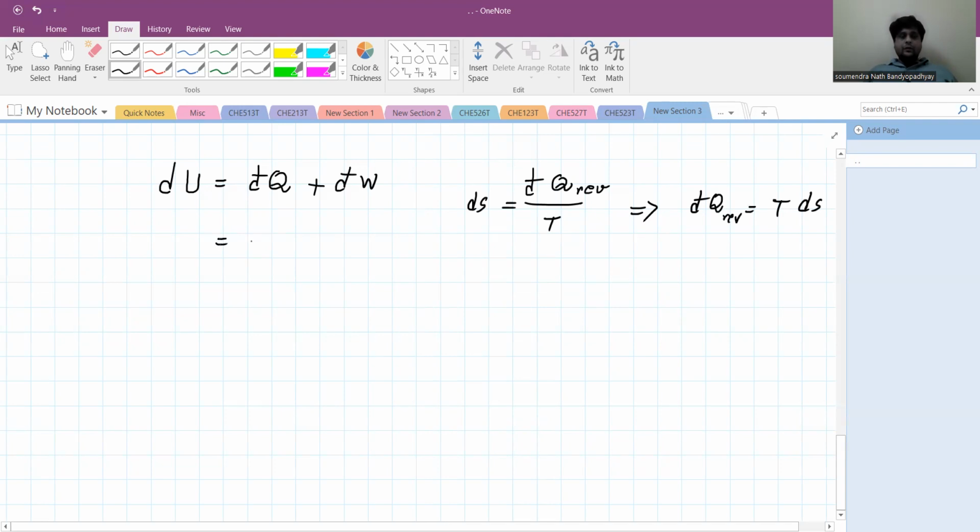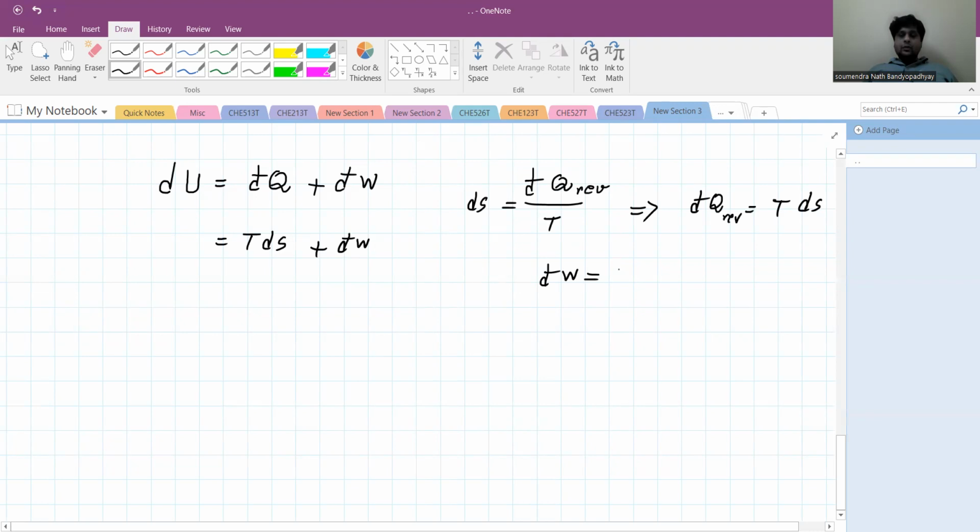So let us come back to the first law, equation of the first law. dU is nothing but TdS plus dW, sorry. Now what is dW? dW is small amount of work that is done upon a system.